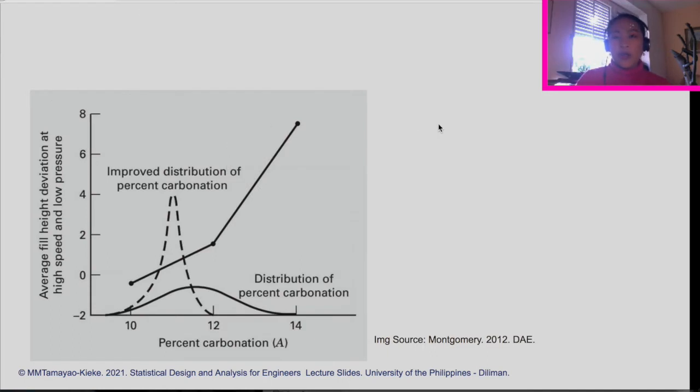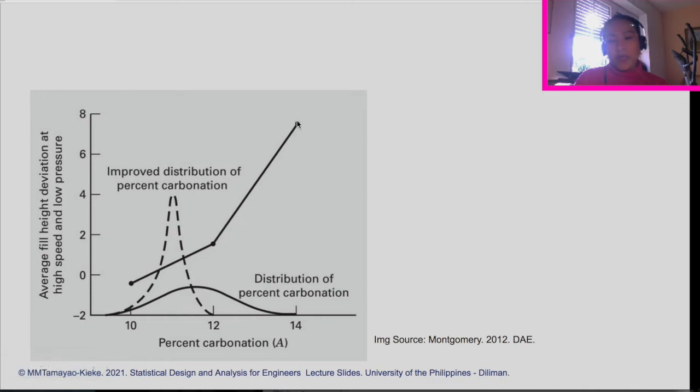Now, carbonation is not completely controllable in practice, and say that the current distribution is followed by the flatter normal curve shown here. So this one. You can see that the average fill deviation at the recommended high speed and low pressure increases dramatically towards the right end of the distribution.